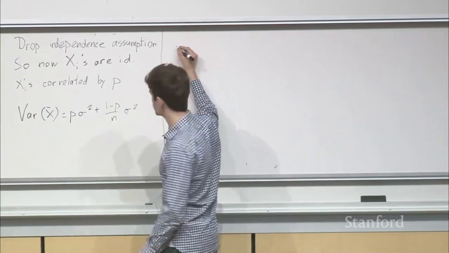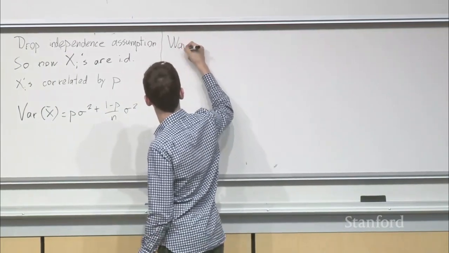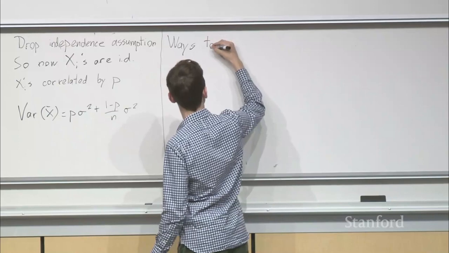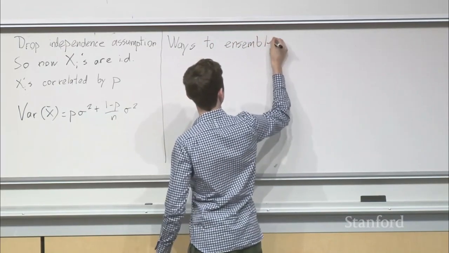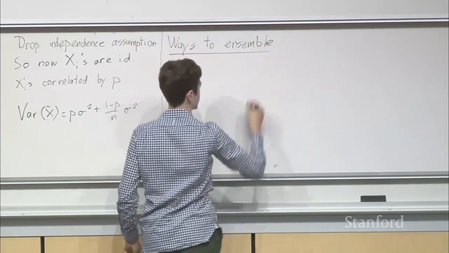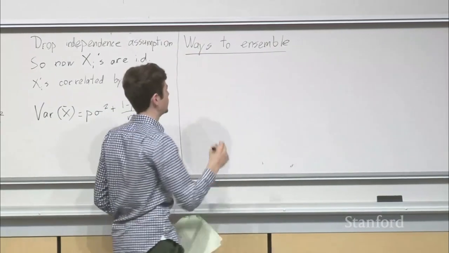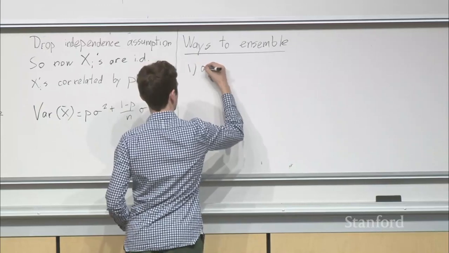And so this gives rise to a number of different ways to ensemble. One way you could think about doing this is you just use different algorithms.